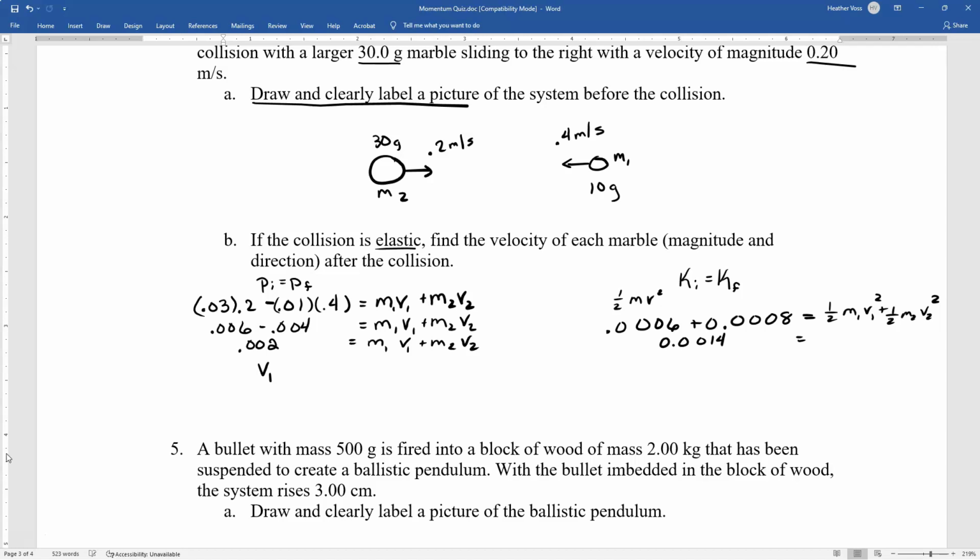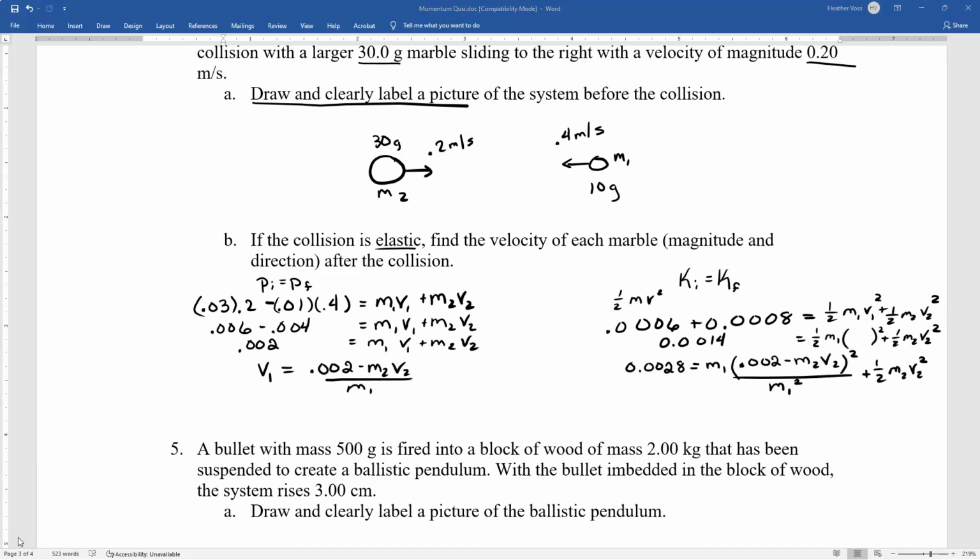So V1 is going to be 0.002 minus mass 2, velocity 2, divided by mass 1. And then I'm going to plug that in over here and use that to solve.